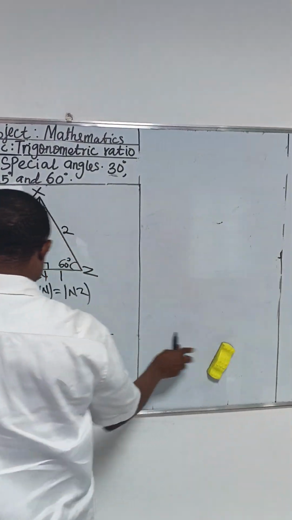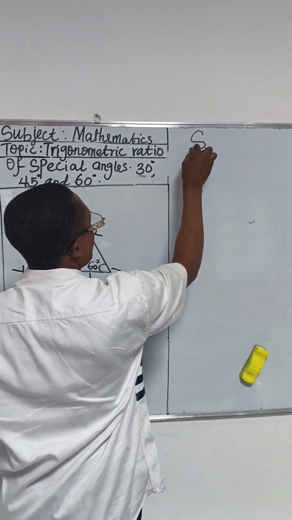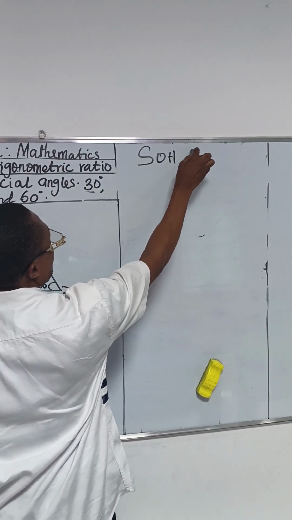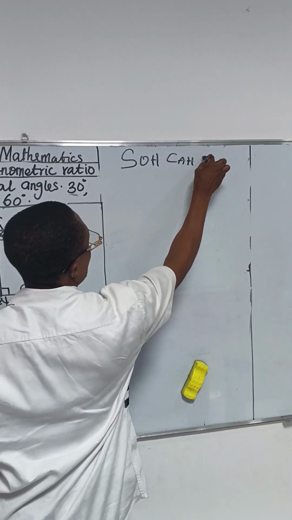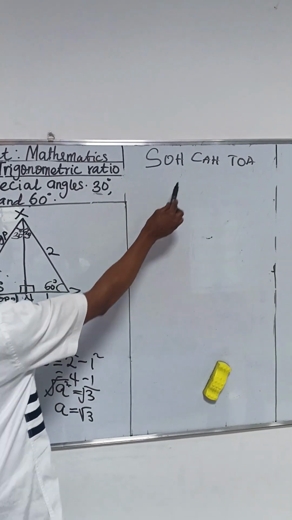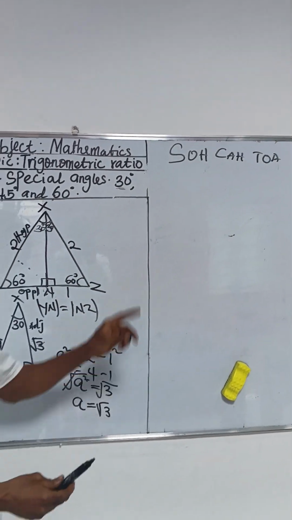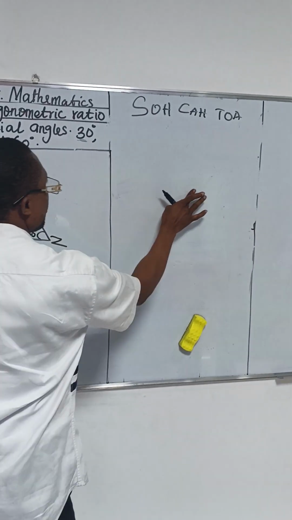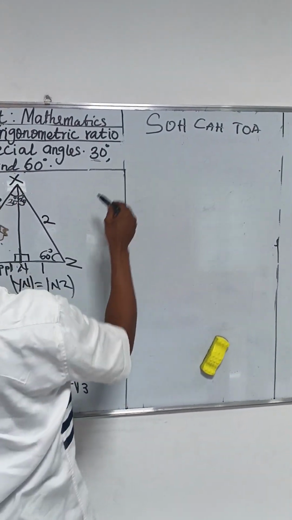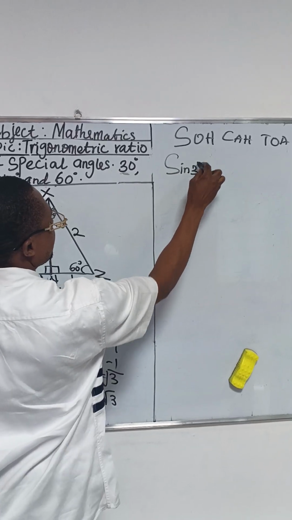Now looking at it here, we already know this acronym, SOHCAHTOA. Sine is opposite over hypotenuse, cos is adjacent over hypotenuse, tan is opposite over adjacent. I know you know this. So what we do now, we say sine 30 degrees.